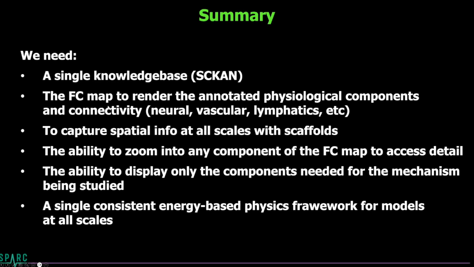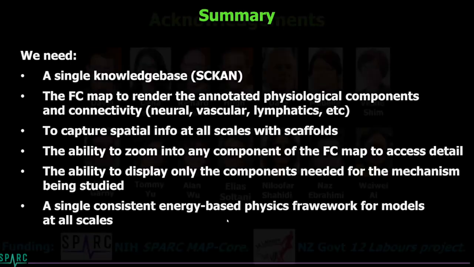So in parallel with the FC map are the 3D body models with their organ scaffolds, but scaffolds at any scale, then with the ability to zoom into any component of the map to access the detail, and the ability to only display just the information that's relevant to that particular physiological study. And then, as I've mentioned, the ability to use an energy-based multi-scale framework for models at all scales.